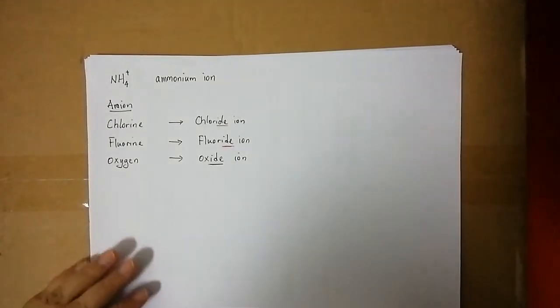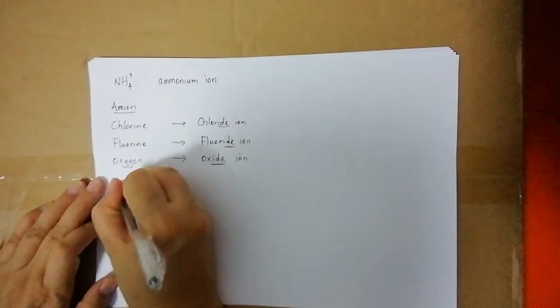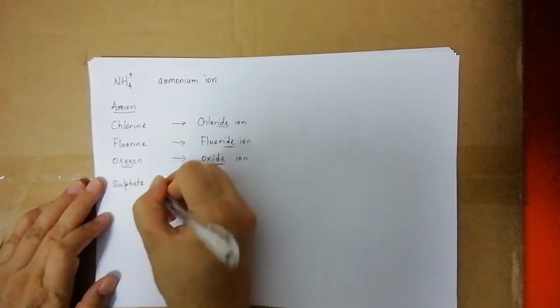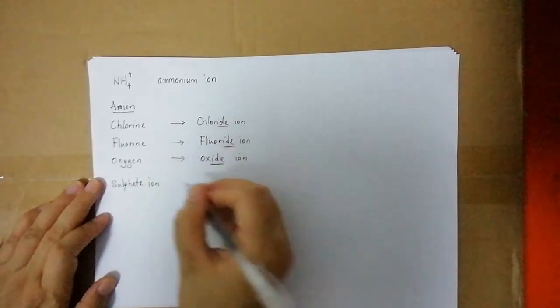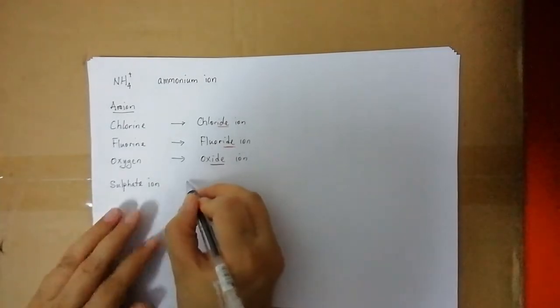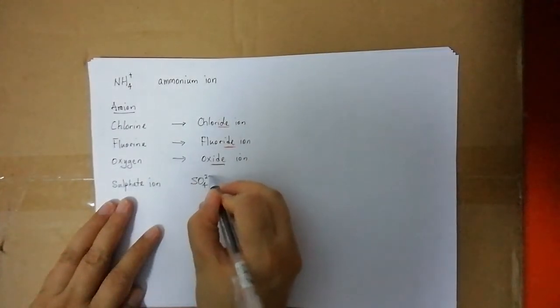There are also some other ions, for example, sulfate ion, which we already used just now. The formula for sulfate ion is SO4 2 negative.